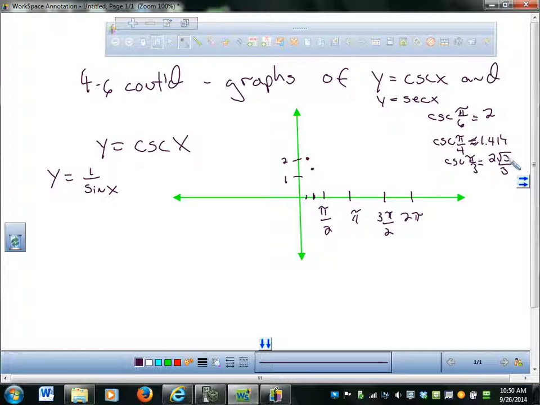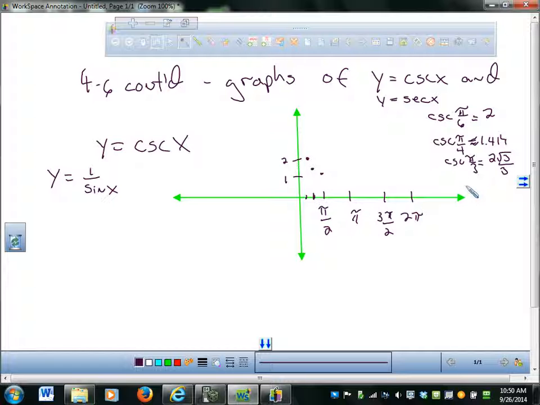I learned in high school that root 3 is 1.732. 2 times 1.732 is 3.4, and 3.4 divided by 3 is about 1.1. That's why you rationalize denominators. Back when I was in high school, we didn't get to use calculators, and you could figure out in your head what cosecant of pi over 3 was. So I'm guessing the cosecant of pi over 3 is about 1.1, and that's like 2/3 of the way.